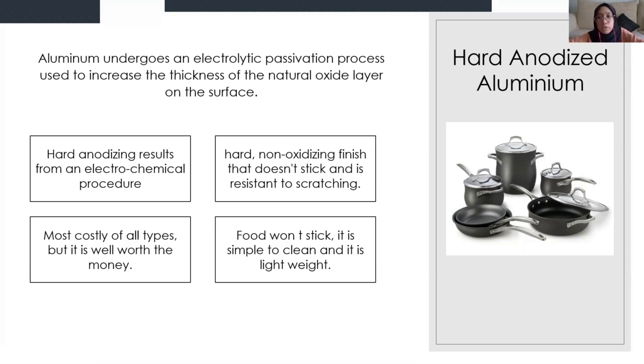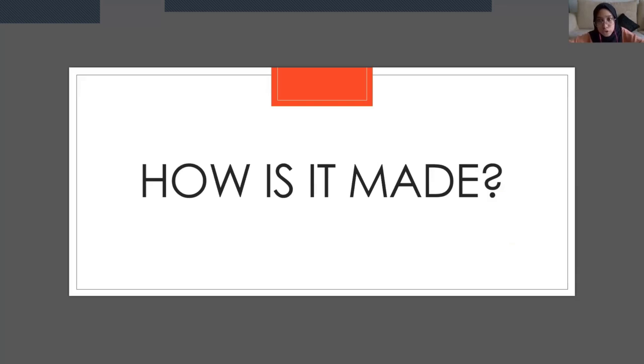So it doesn't matter if you use a metal spatula, because it won't scratch the surface. It is the most costly of all types, but well worth the money. Food won't stick, it is simple to clean and it is lightweight. So if you want to cook a pancake, this is the best choice to use.